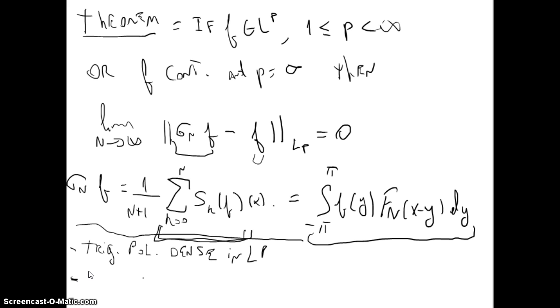And another thing that is important, if f is integrable and the Fourier coefficients are equal to 0 for all k, then f is identically 0. So if you consider this representation and every Fourier coefficient is 0, then f must be 0.